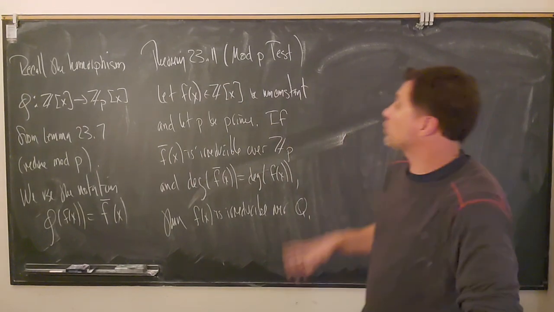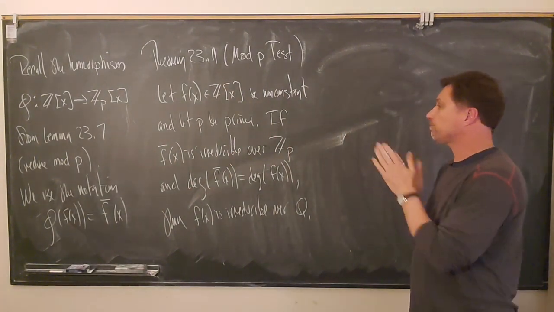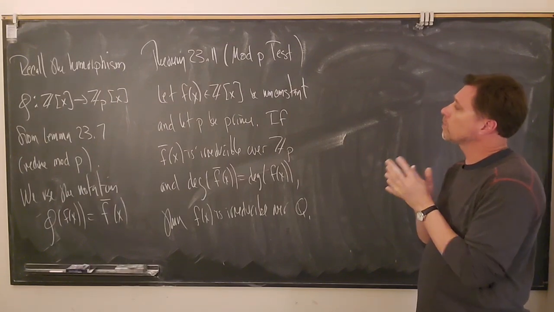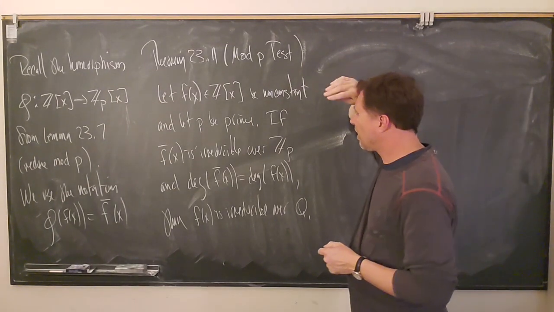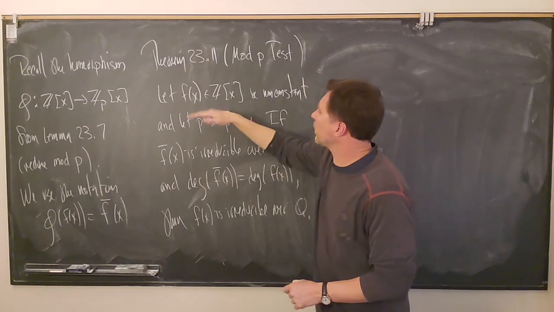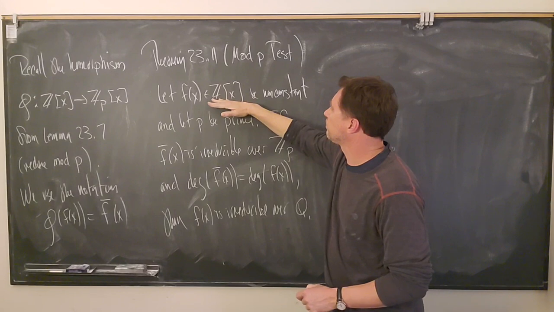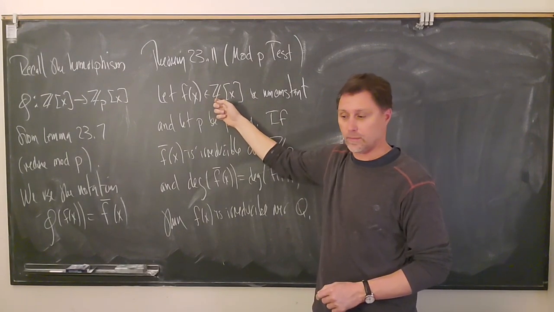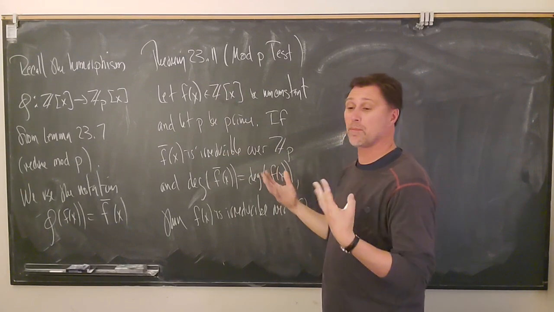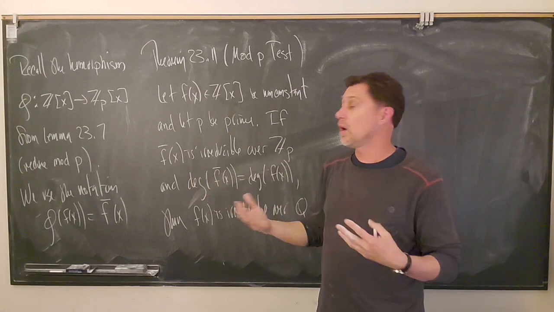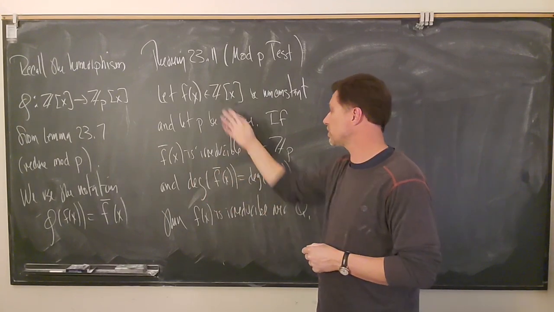Now, what you want to do is recognize the significance of this. Typically, when you're working with polynomials over an infinite ring, Z is infinite, there's an infinite number of possible ways that you could potentially factor, because there's an infinite number of coefficients.